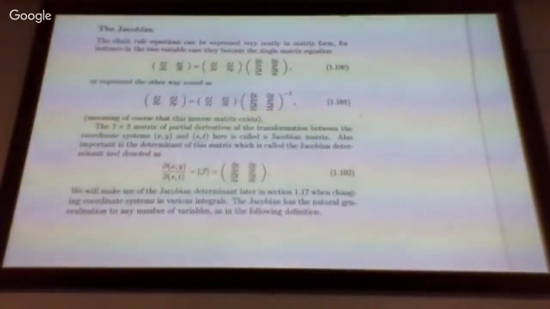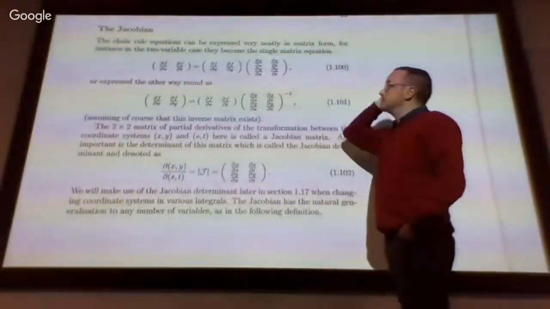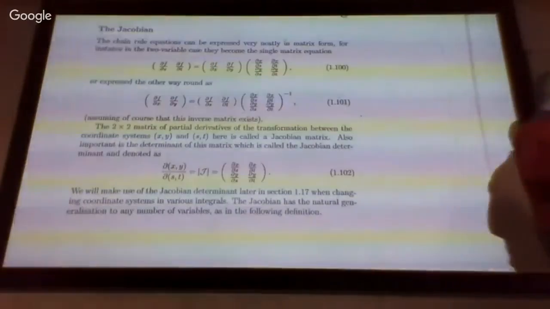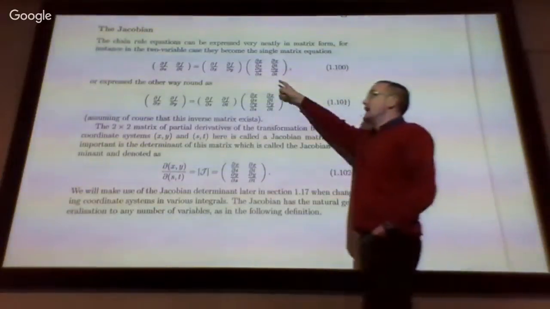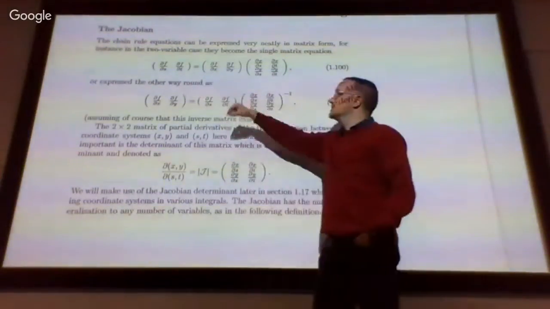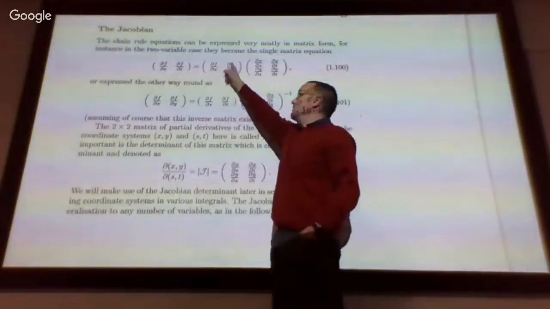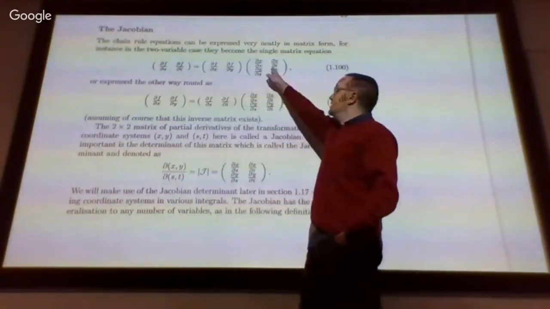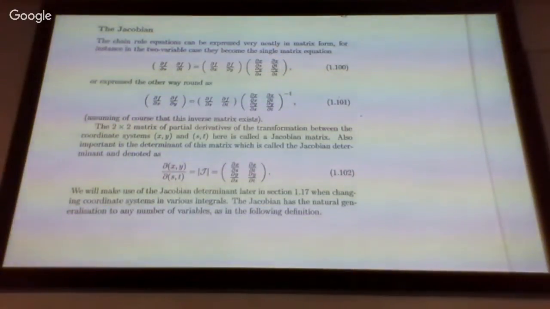We ended this morning by noticing that these chain rule equations can be put in quite a nice matrix form. That same system of x, y and s, t equations can be recast in terms of matrices like this. You have the row vector df/ds, df/dt equal to the row vector df/dx, df/dy multiplied into this 2x2 matrix of partial derivatives.